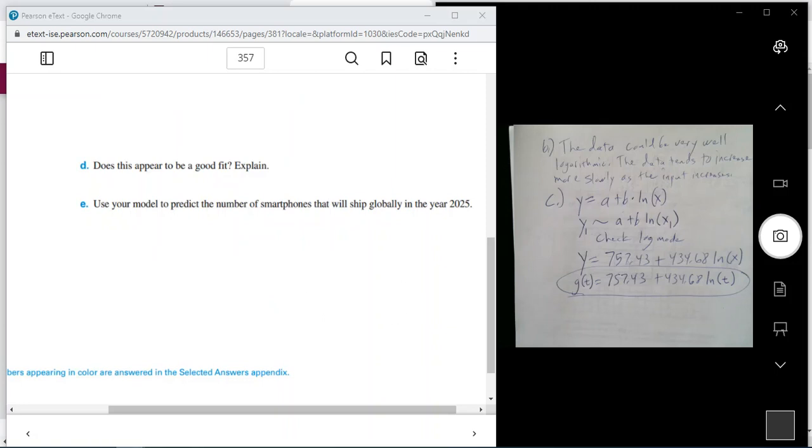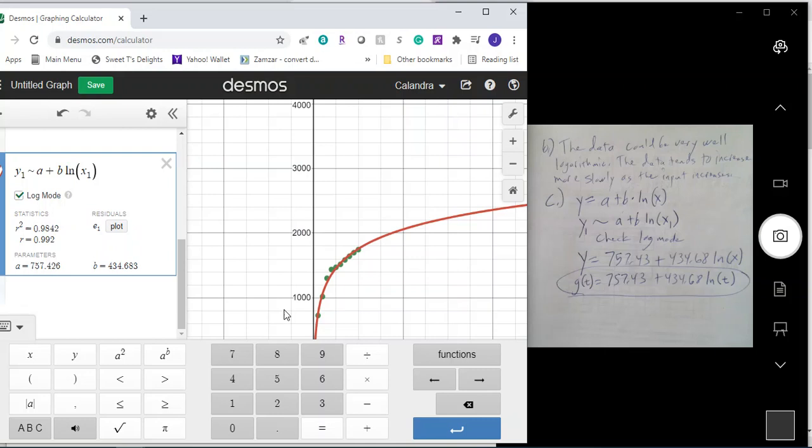Okay, let's take a look back at this graph. It does look like it's a good fit. We could say based upon just looking at the graph, but we had a correlation coefficient, or we could say our R squared value is close to +1. So we could just say R, or we could do the R or R squared.